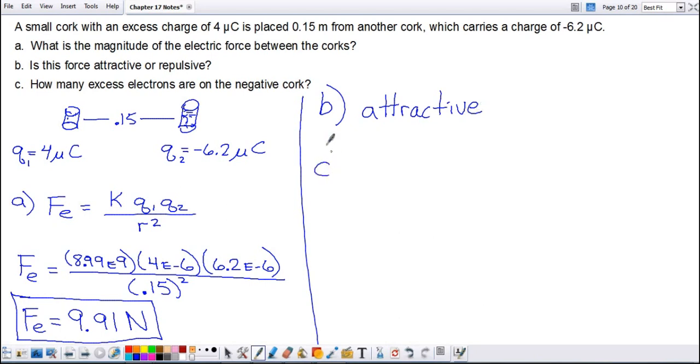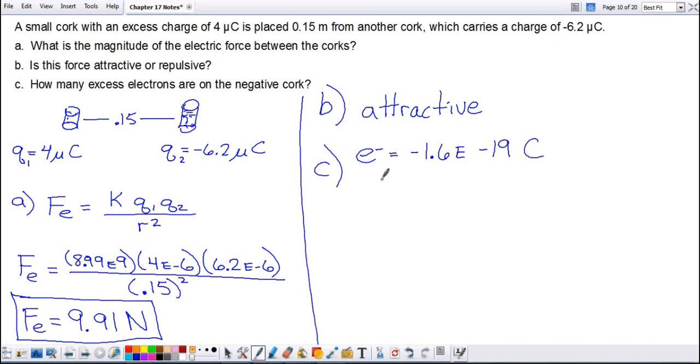And then part C, how many excess electrons are on the negative quark? Okay, electrons have a negative charge, and this has a negative charge overall, so there must be more electrons than there are protons. So now we need to see how many more. Okay, well, we know that an electron has a charge of negative 1.6 times 10 to the negative 19th coulombs.